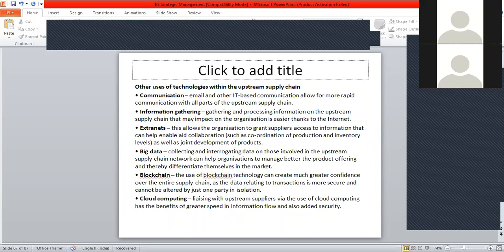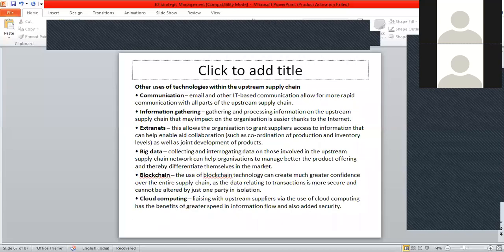What is internet? Private network is extranet. Yes.